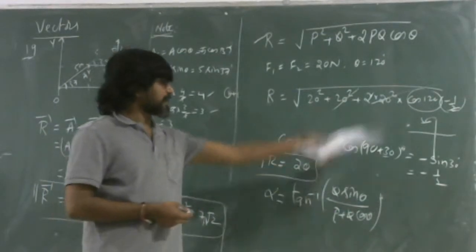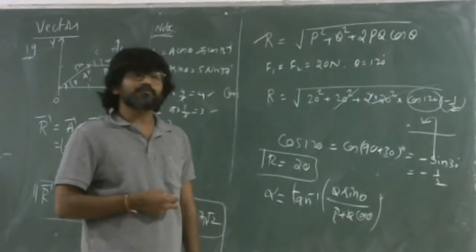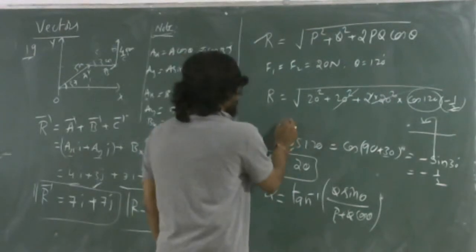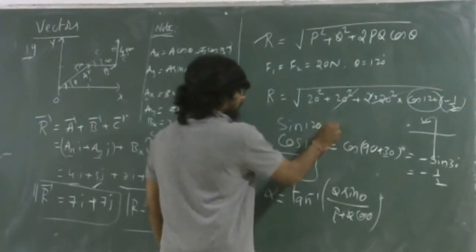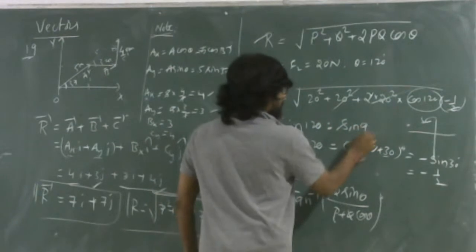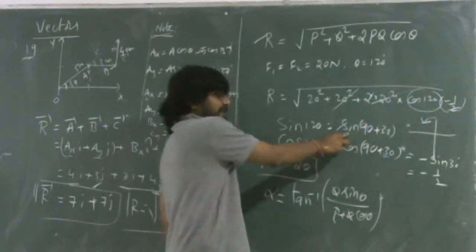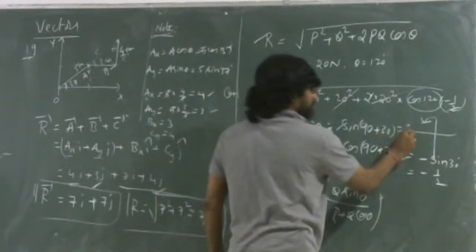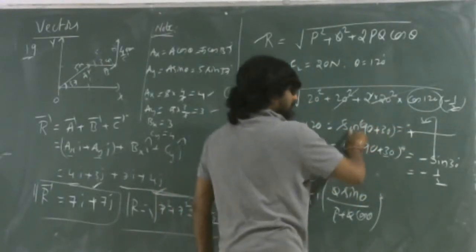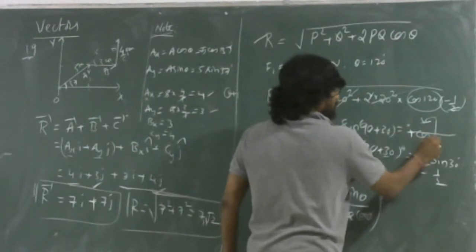Sin, cos 120 is minus 1 by 2. Sin 120, I can write, sin 120 is sin 90 plus 30. So 90 plus comes in the second quadrant, sine is positive, so plus. For sin 90 plus it becomes cos. So 30.